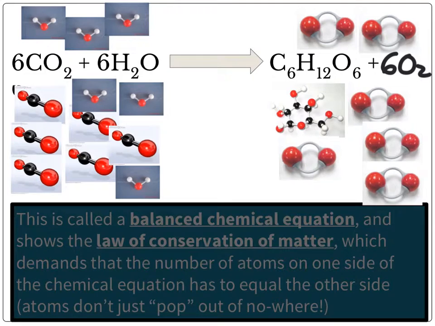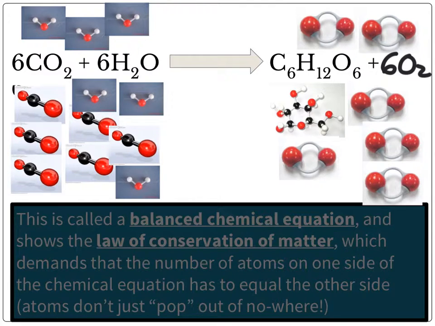And this is called a balanced chemical equation, which shows the law of the conservation of matter. The law of conservation of matter demands that the number of atoms on one side of the chemical equation, the reactants, is equal to the other side of the chemical equation, the products. Because of course atoms just don't pop out of nowhere.